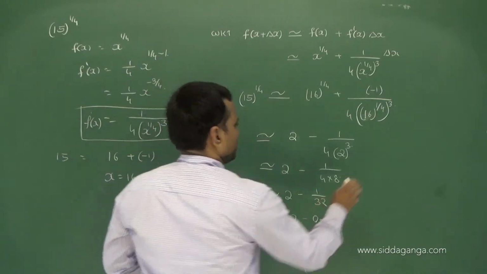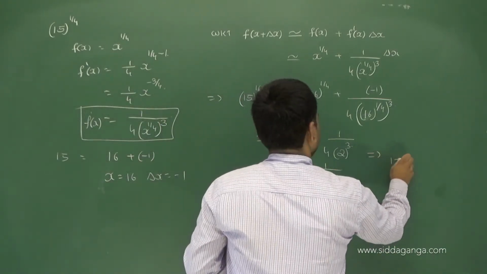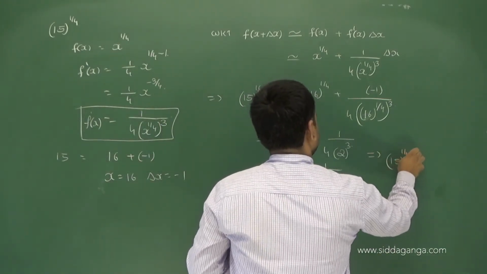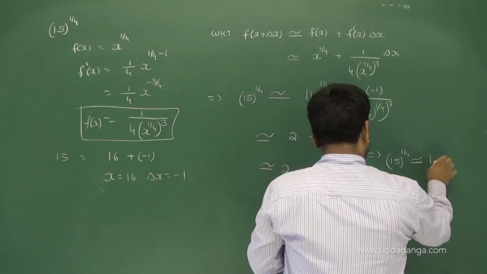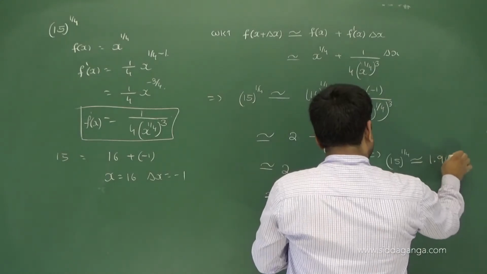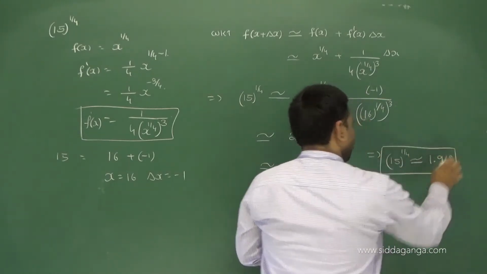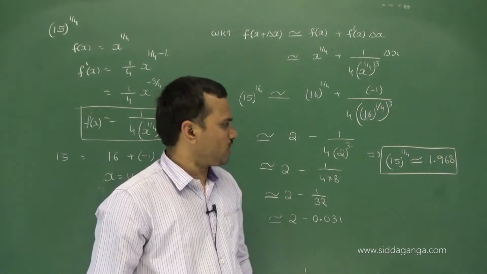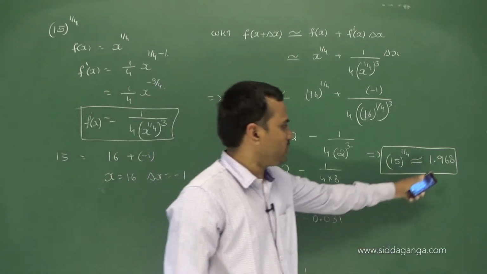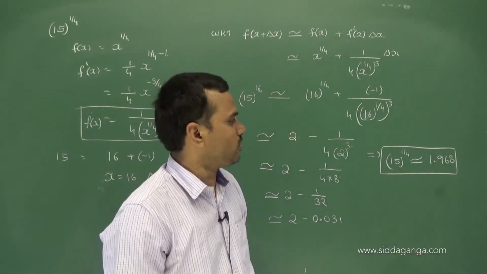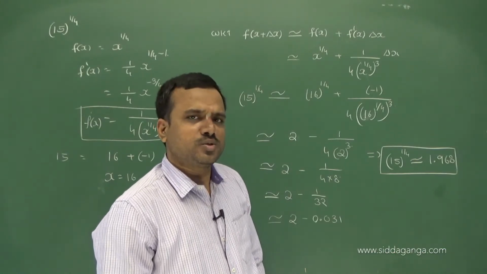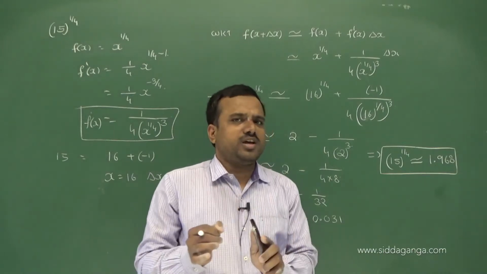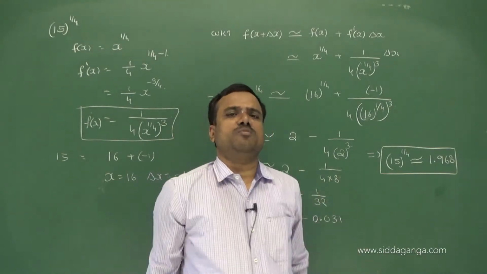So that implies the fourth root of 15 is approximately equal to 1.968. Fourth root of 15 is approximately equal to what? 1.968. Clear? So if you know the concept very clearly, you can solve any type of problems.